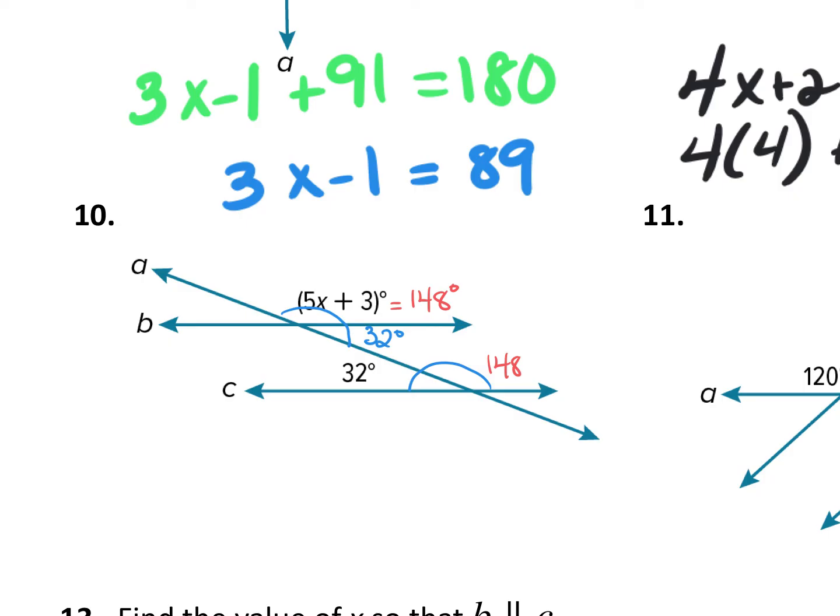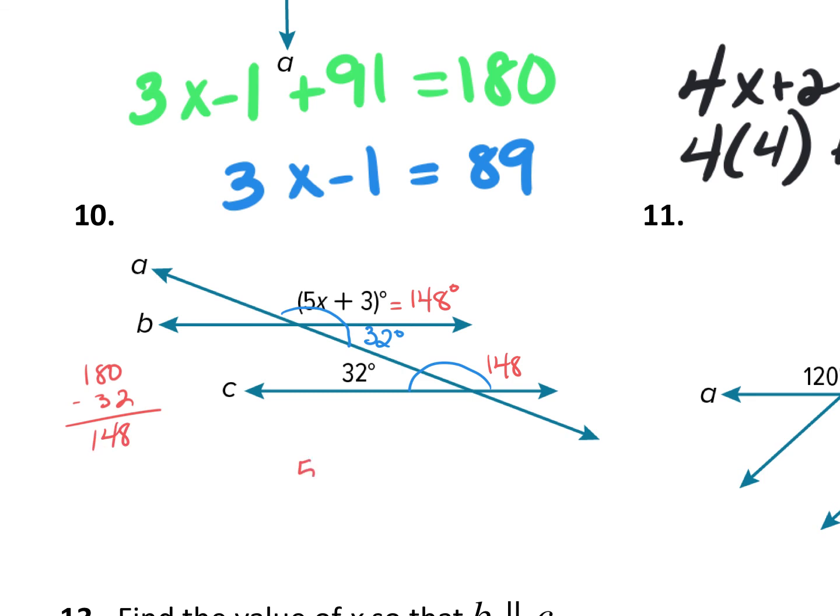So we have to use what we know about supplementary angles to find the measure of the angle indicated. So now that I know that the other angle is 180 minus 32, because again, everything with parallel lines and transversals are either supplementary or they're congruent. That's how I got the 148.